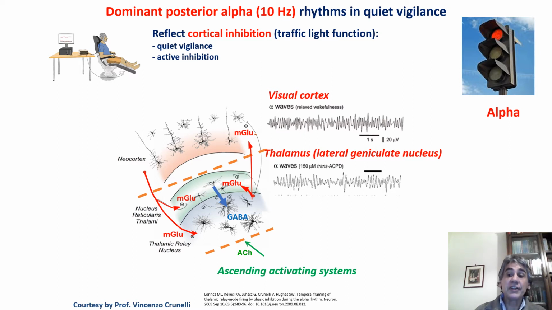The EEG alpha rhythms may be generated by reciprocal loops between thalamus and cerebral cortex, modulated by the ascending activating system, particularly using acetylcholine as a neurotransmitter. So alpha rhythms may reflect a traffic light function of this thalamocortical loop.